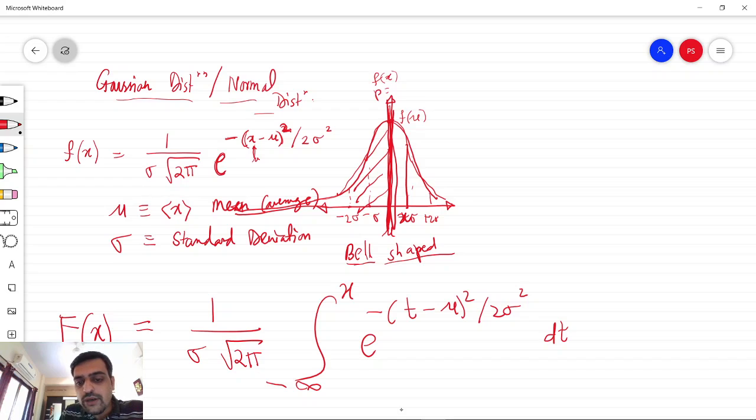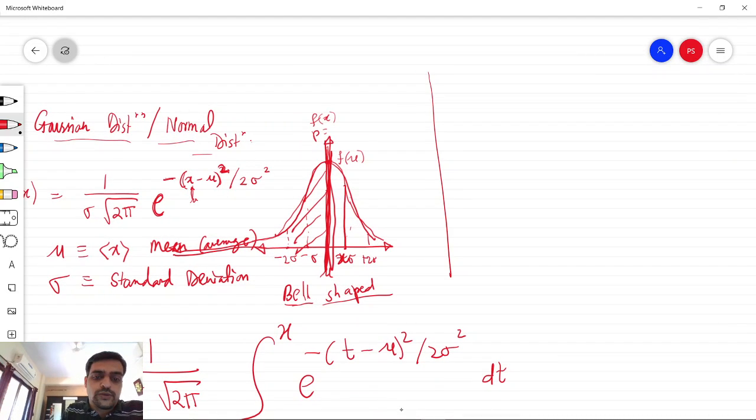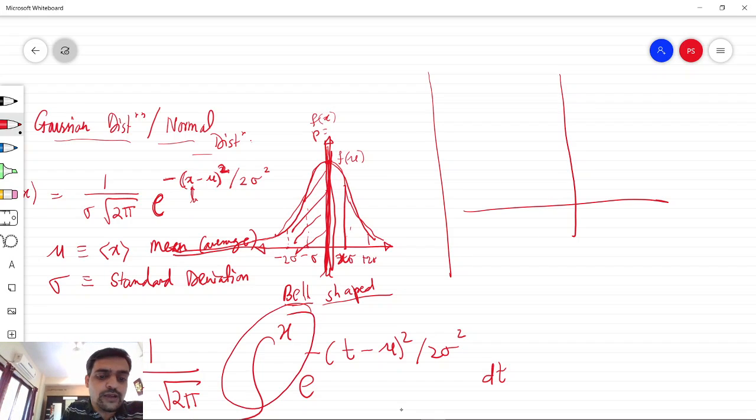Now these are the positions of sigma. Whenever we integrate, we are calculating the area under the curve.